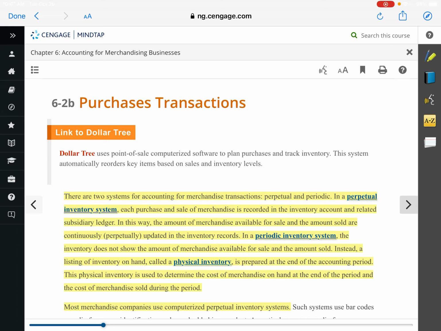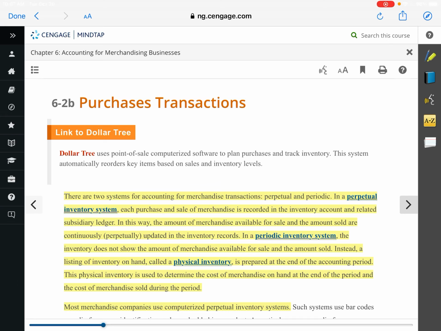Okay, but a perpetual inventory system tracks every purchase and every sale. Now compare that to the periodic system, and the name gives it away. You only update your inventory periodically. So the inventory does not show the amount of merchandise that you have for sale and sold at any point in time.